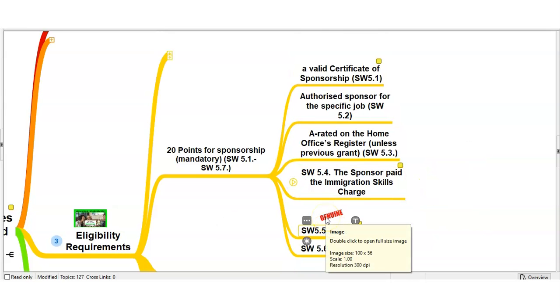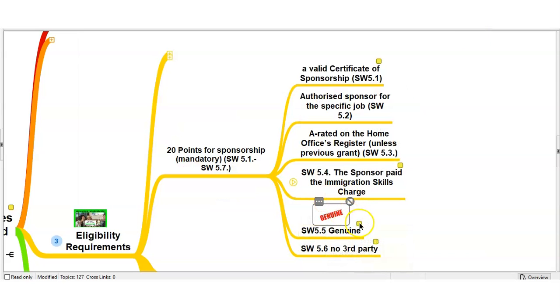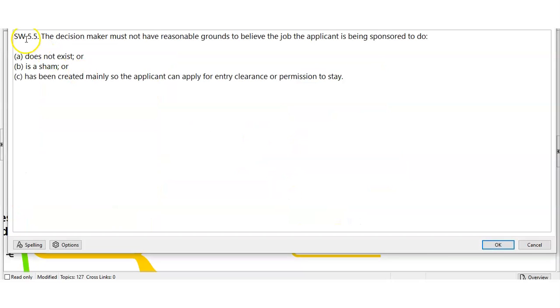Then we have the next requirement from the employer. This is all about making a genuine application. And what do they mean by this? They say that the decision maker must not have reasonable grounds to believe that the job the applicant is being sponsored to do does not exist, or it is a sham job offer, or has been created mainly so that the applicants can apply for entry clearance or permission to stay.